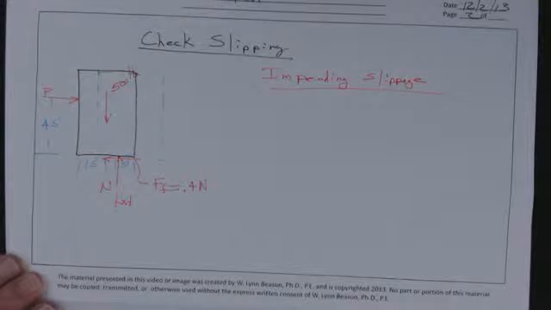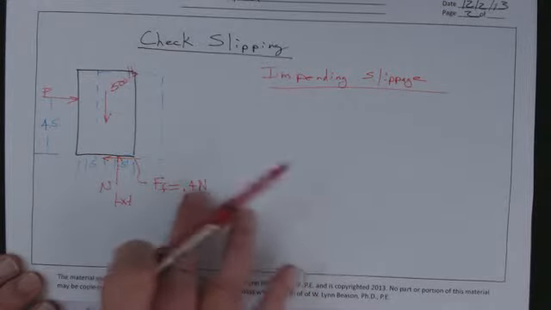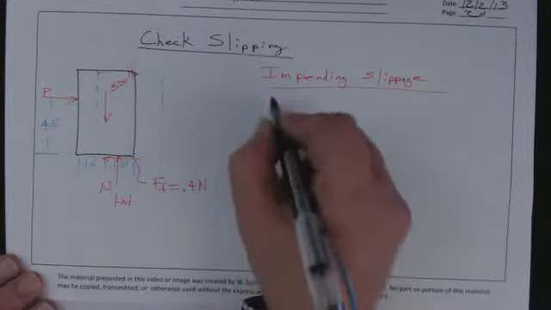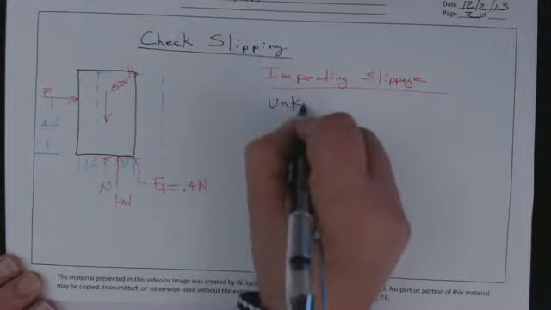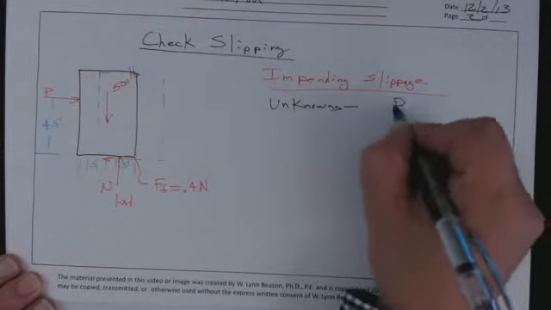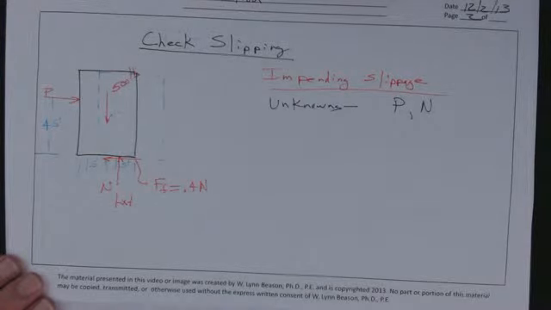Then the question is, how many unknowns do we have here? We got n, and that's also 0.4 n, so there's just one unknown, same unknown there. And then you've got p. So we look at our unknowns, and we've got p, and we've got n.